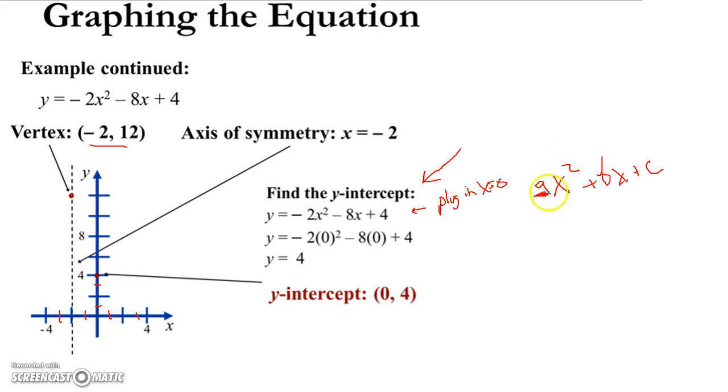If x is 0, a times 0 squared plus b times 0, those are both going to cancel out, and you're going to end up with c. So your y-intercept is just basically going to be your c term, whether it's a plus or minus. In this case, it's a plus 4. Our y-intercept is at the point 0, 4, which we see on the graph. Make sense? So to find the y-intercept, all you do is plug in x equals 0 and solve. You should end up with your c term.